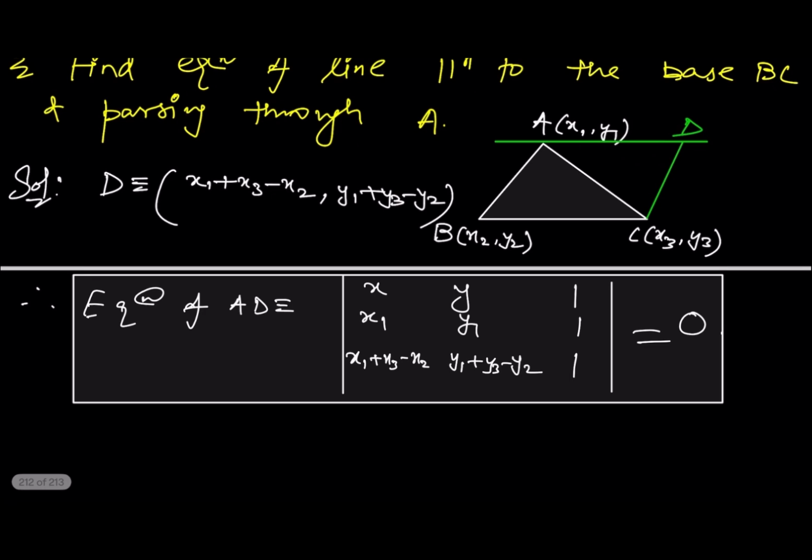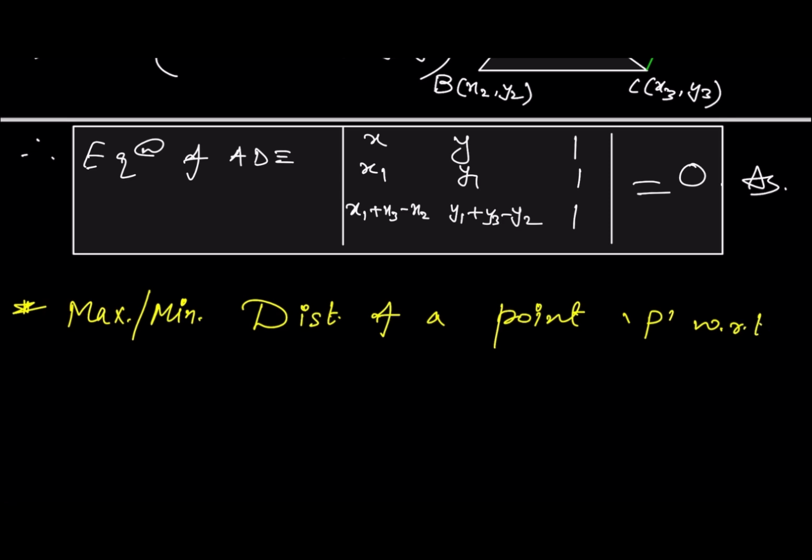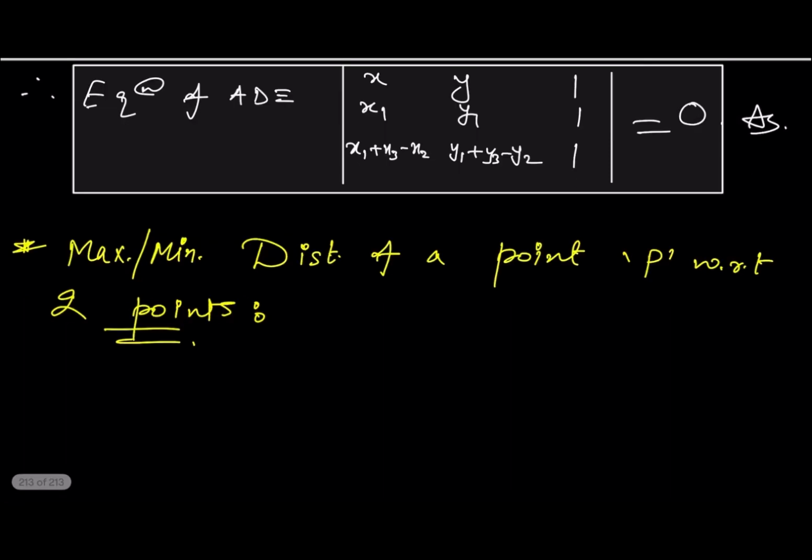This is the answer. Now let's move to the next topic, which is the maximum and minimum distance of a point with respect to two points.